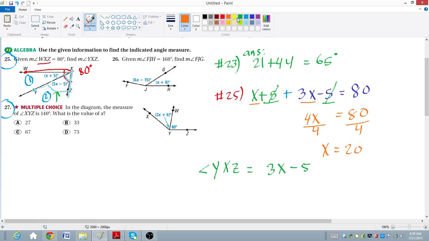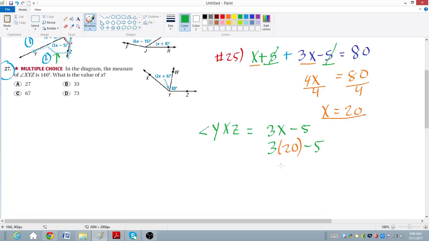So here I have 3, and then x is 20, so I'm going to plug in 20, and then I'm going to subtract 5. So this will be 60 minus 5 is 55. So that means that this angle right here, this green angle right here, is 55 degrees.